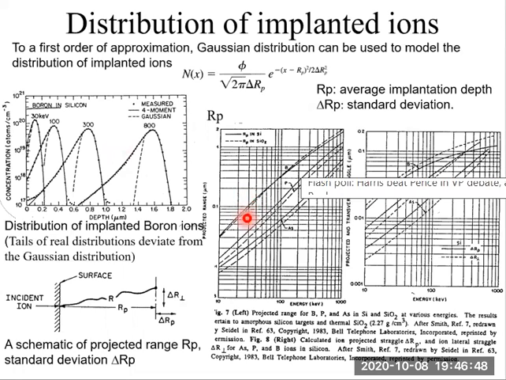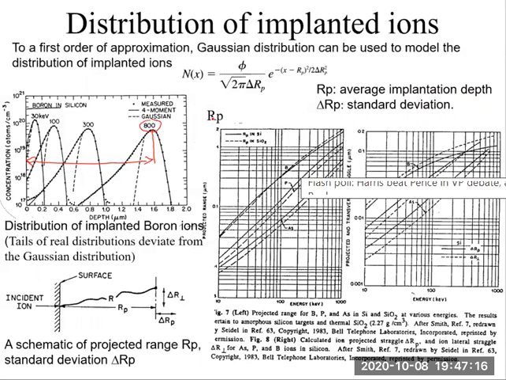This figure plots Rp, which is the average implantation depth, or this distance. This distance is the Rp, the average implantation depth, for 800 keV energy.